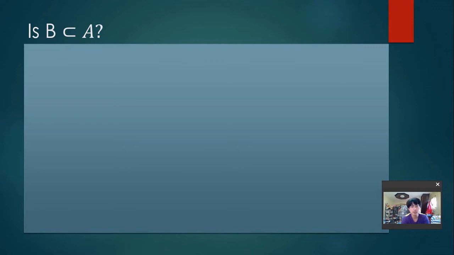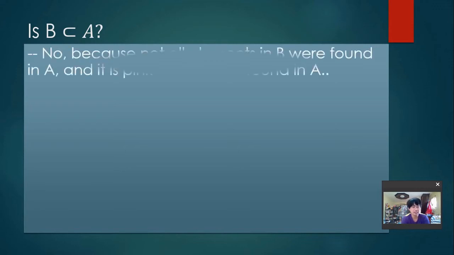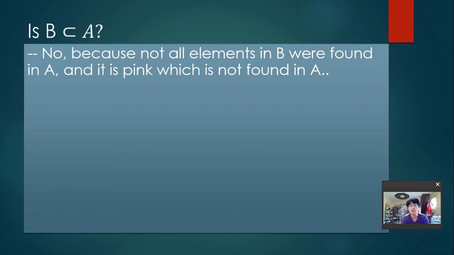The answer is no, because not all elements in B were found in A, and it is pink which is not found in A. So if we look back at set B, there are 4 elements. In set A, there are 3 elements. So therefore, B is not a proper subset of A because B has more elements than A.